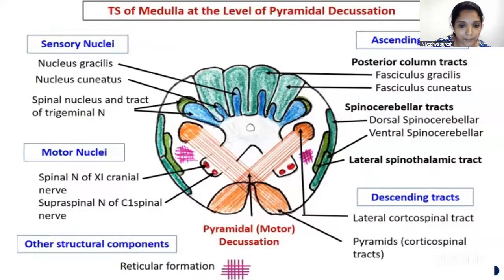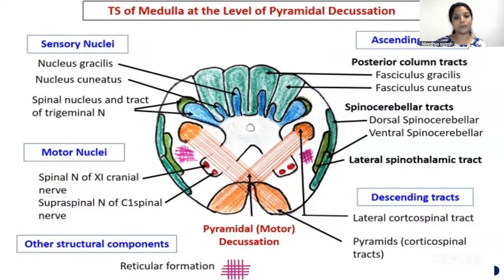Okay, and again in the anterior horn, you can see two nuclei: the nucleus of the accessory cranial nerve and the supraspinal nucleus of the C1 spinal nerve. One is the nucleus of the 11th cranial nerve, and this is the nucleus of the first cervical, C1, spinal nerve.